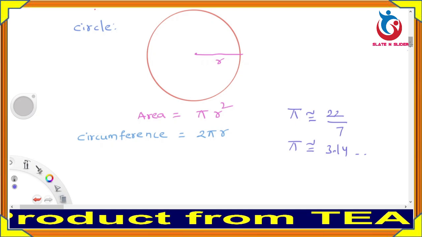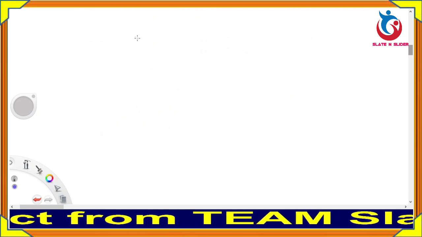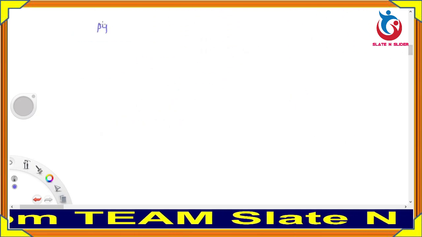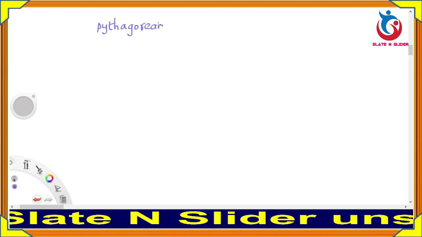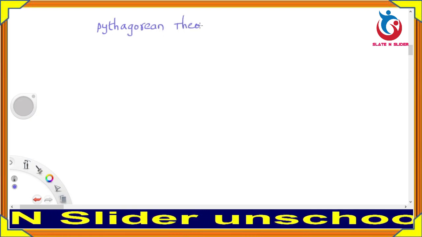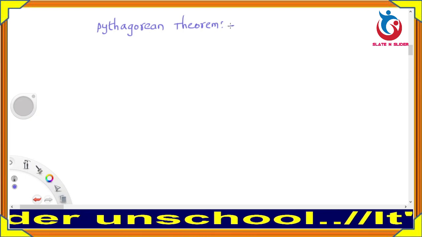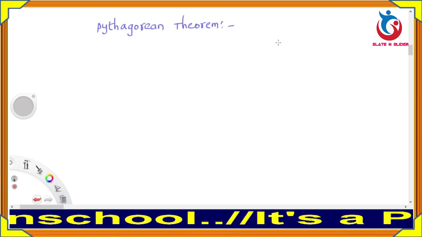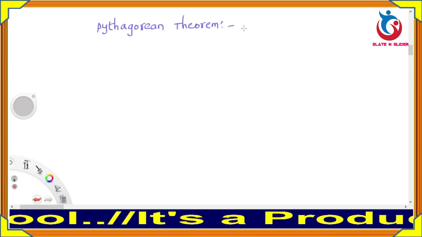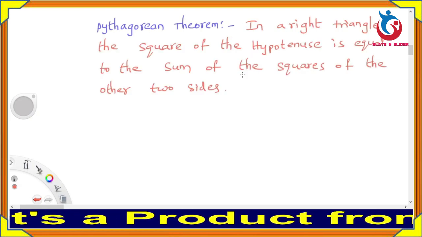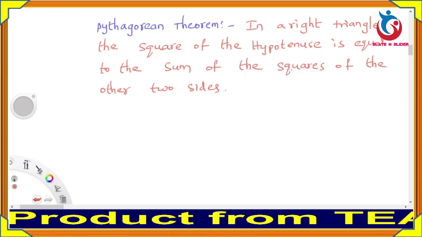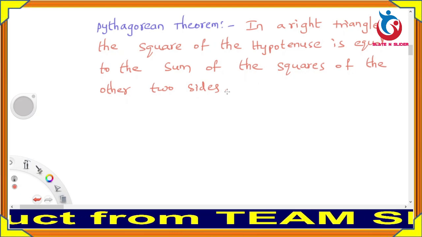And we should know the Pythagorean theorem. The theorem is, in a right triangle, the square of the hypotenuse is equal to the sum of the squares of the other two sides.